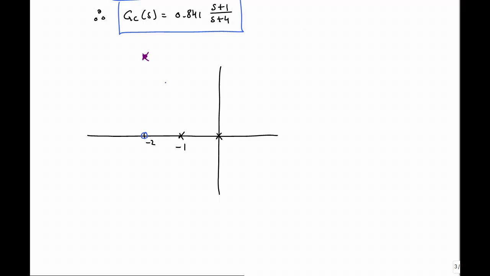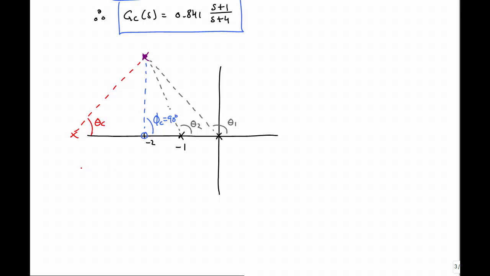Okay, so we contribute an angle phi c equal to 90 degrees. We still have our angles theta 1 and theta 2. Right, and now we're going to place a pole out here that will contribute a theta c.